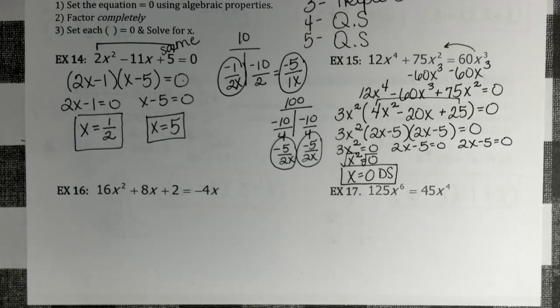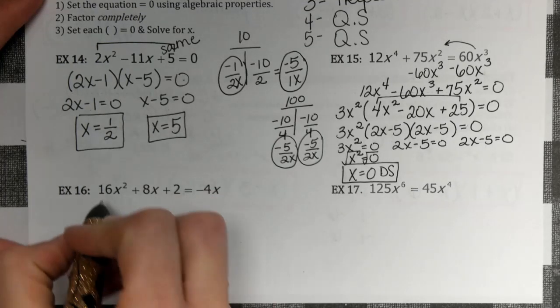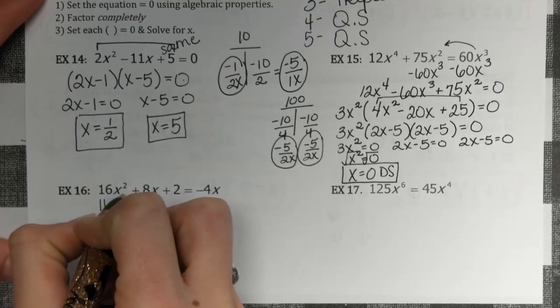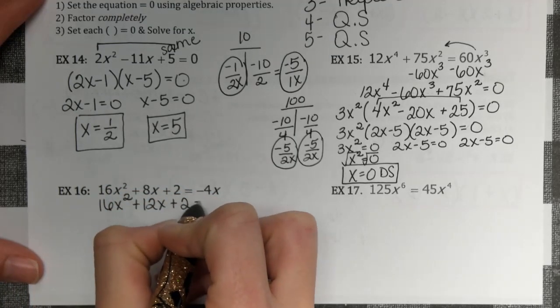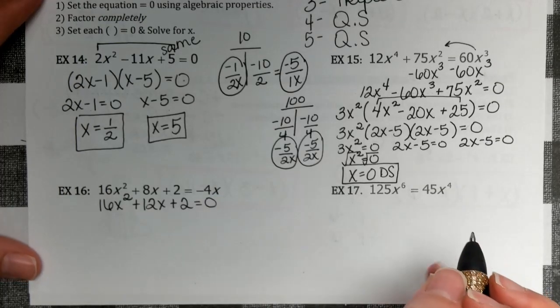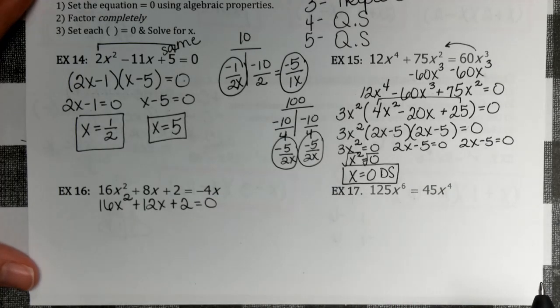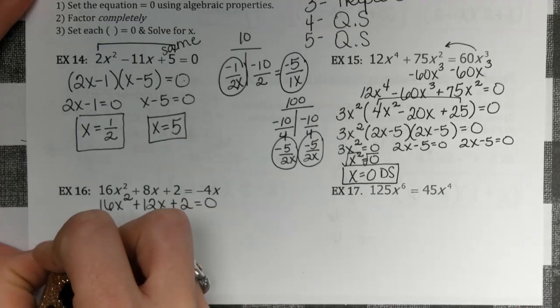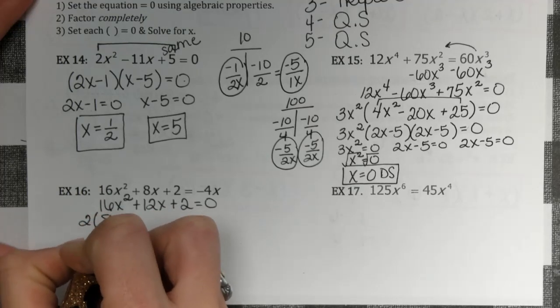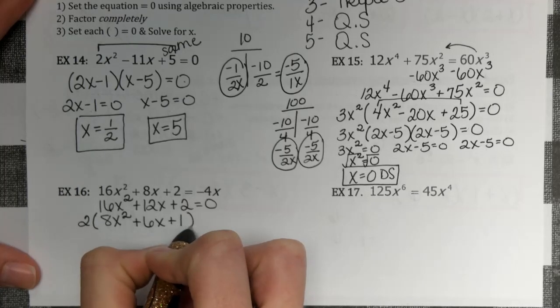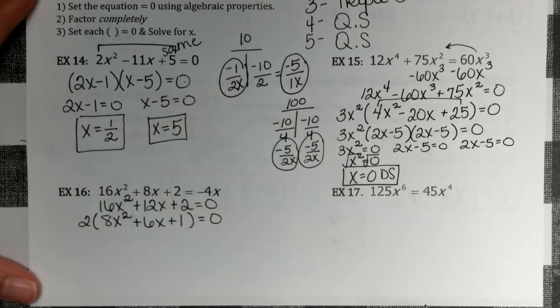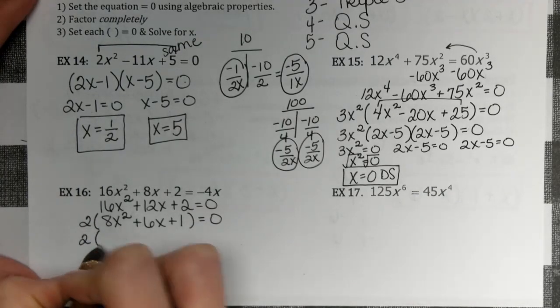Okay, you should have added your 4x to 8x to get 16x squared plus 12x plus 2 equals 0. Then what did you do? Okay, take out what as your GCF? So that gives me... okay, when you factor it, what do you get?